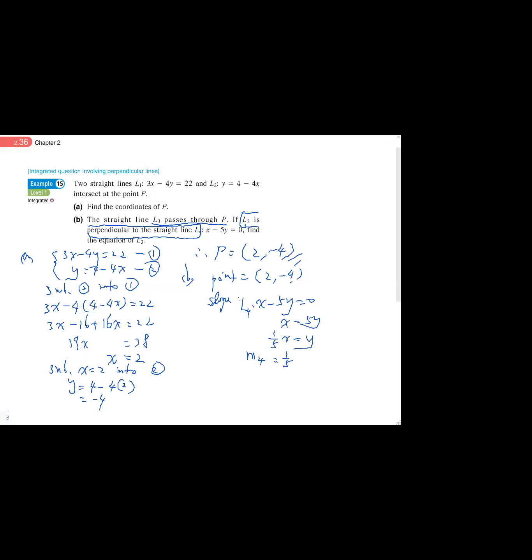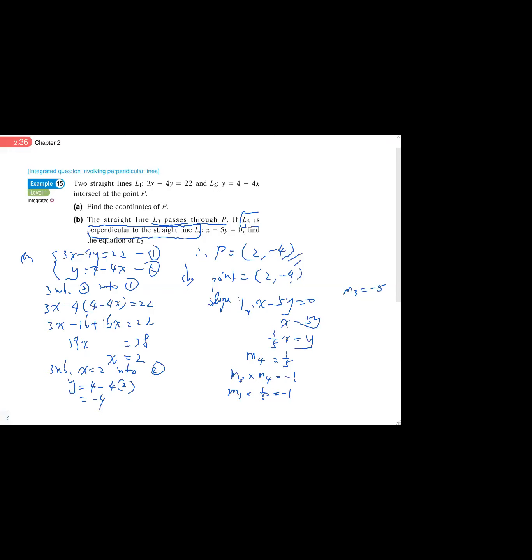But because L3 is perpendicular to L4, M3 times M4 is equal to -1. So M3 times 1 over 5 is -1, which means that M3 will be -5.